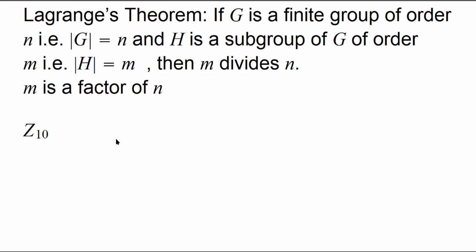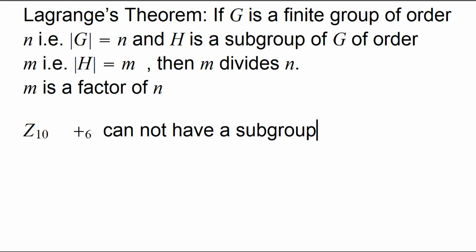So for example, say we take the group Z modulo 10 with addition as our binary operation. Then it cannot have a subgroup of order 3.